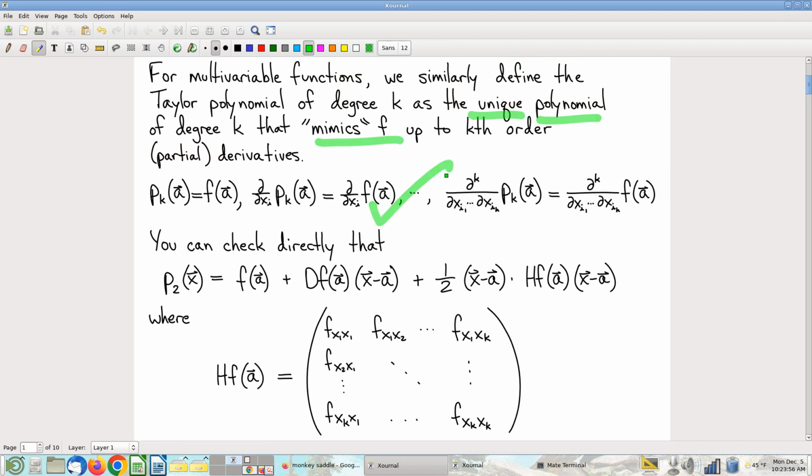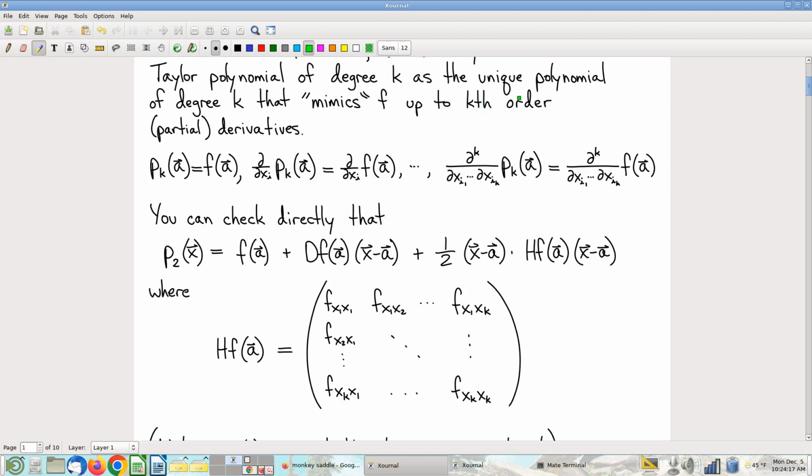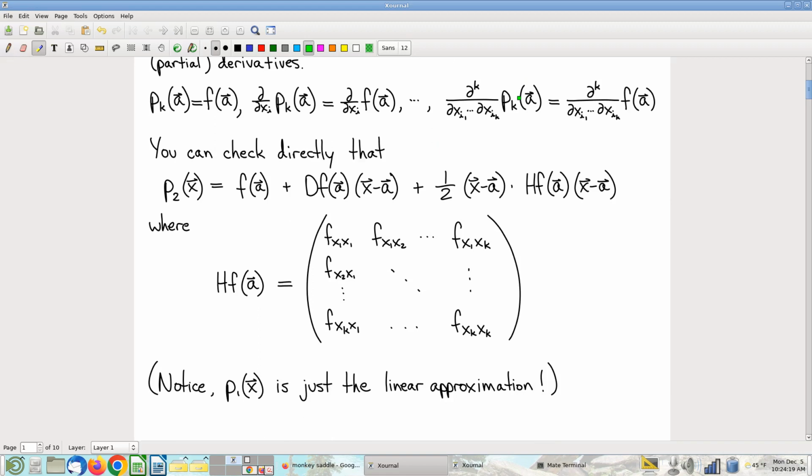It just is. This is what it works out to be. So, in some sense, the single variable Taylor polynomial is maybe a little bit misleading. It's misleadingly simple. And what we're seeing here is the true ugliness of what reality is in higher dimensions. Okay. All right.